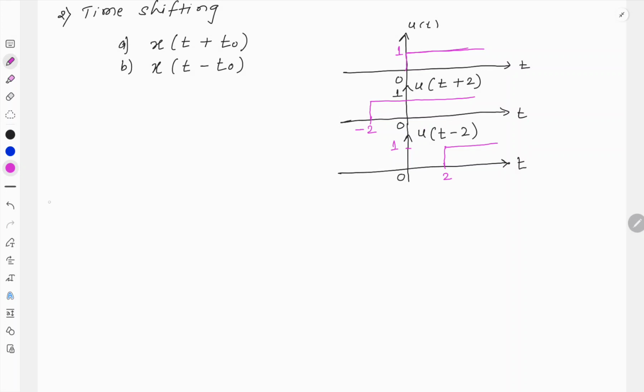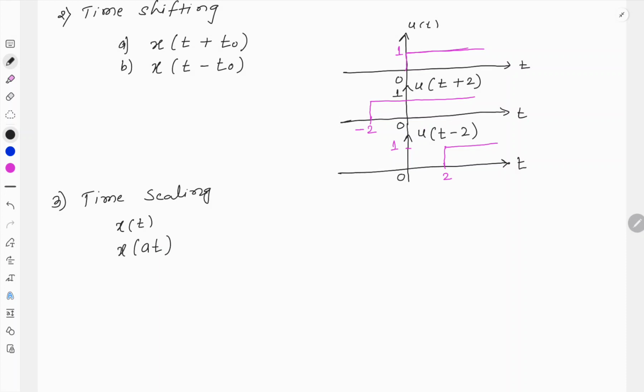And the last, third operation is time scaling. So here also we have the time scaling operation given as, if we have the original signal x of t, then its time scaled version is denoted by x of at.